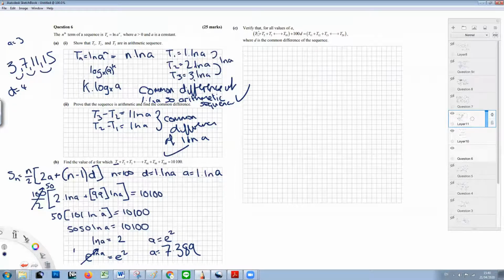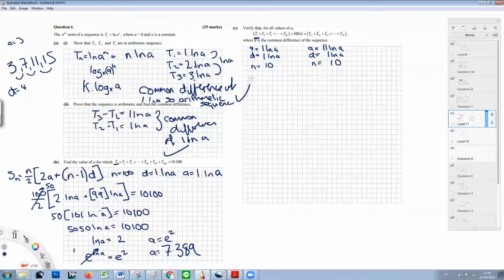So the first one, A is going to be 1 ln of A. The common difference is going to be 1 ln of A. And your number of terms, n, is going to be equal to 10. And for this one, your A is going to be 11 ln of A, your D is going to be 1 ln of A, and your n is also going to be equal to 10.